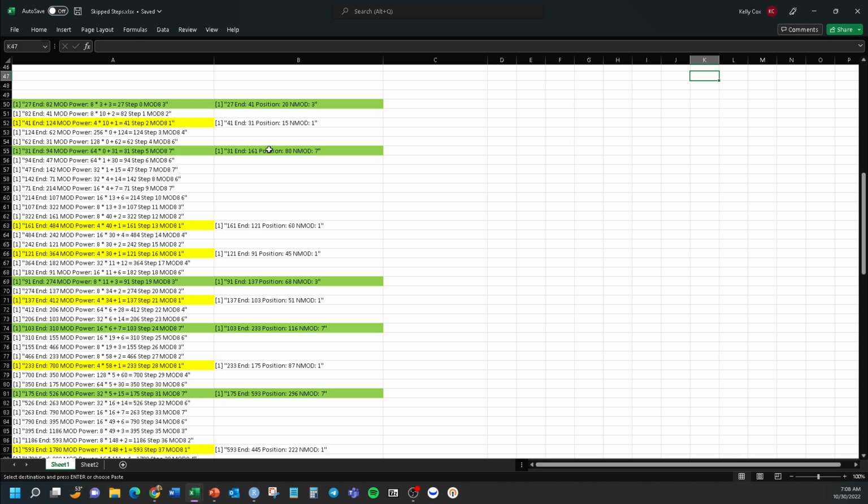They're highlighted in yellow. Occasionally, starting with 27, it's going to go in 2 steps to the number 41. 41 is a 1 mod 8, so in 3 steps I'm going to be at my next odd number.